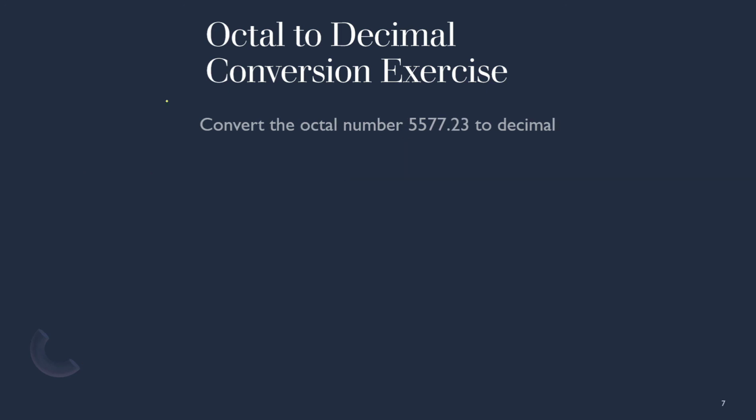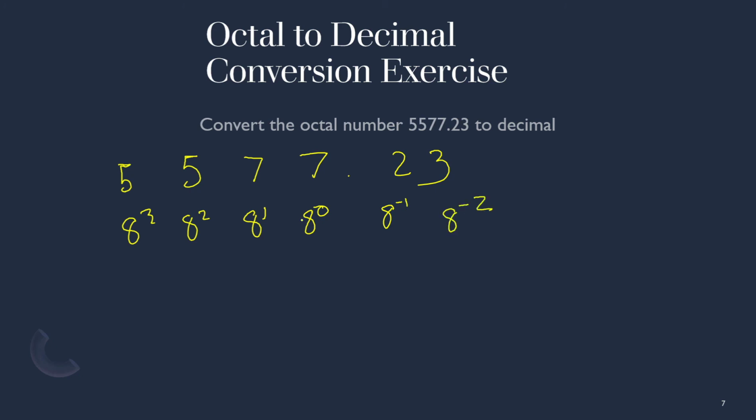And for our last question, just a little bit longer, but pretty much the same exact thing. We want to find the corresponding powers of 8. We'll find our origin point, 8 to the 1, 8 to the 2, 8 to the 3, 8 to the negative 1, and 8 to the negative 2.